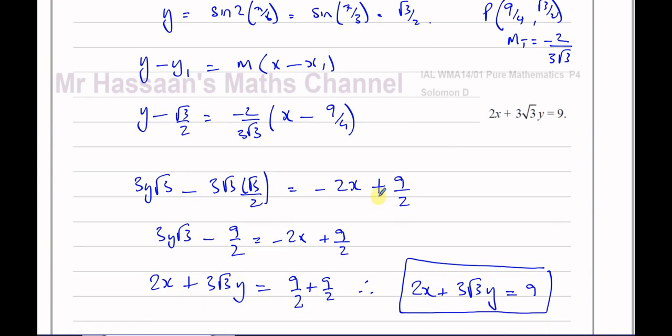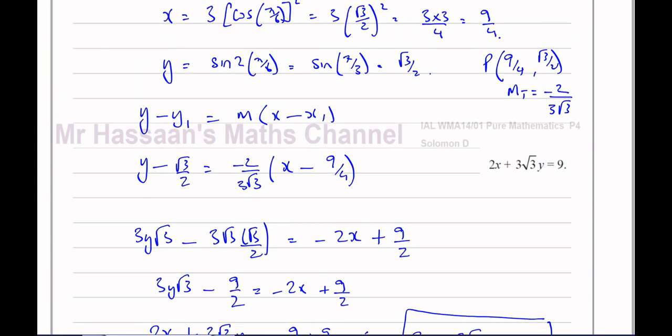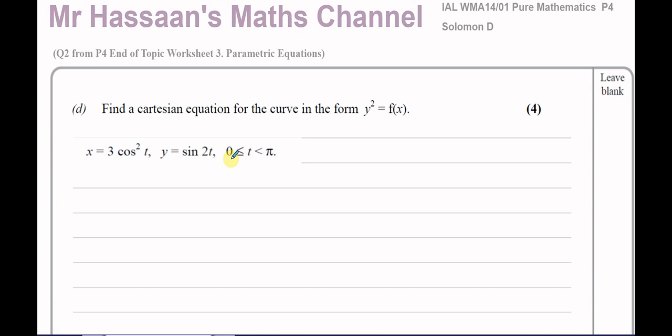Now part D of the question is: find a Cartesian equation for the curve in the form y squared equals f of x. So this is now where we want to combine this together into one equation and eliminate the t.